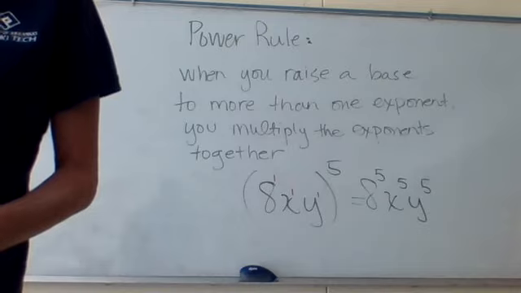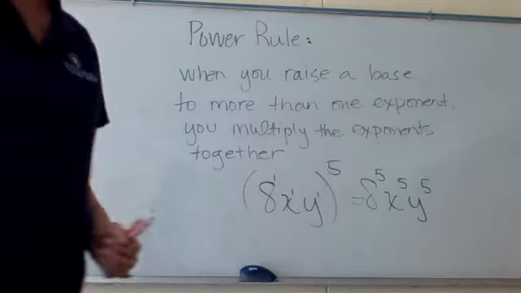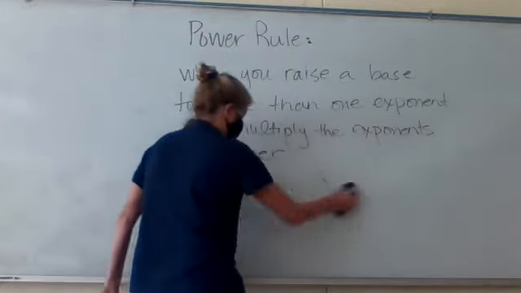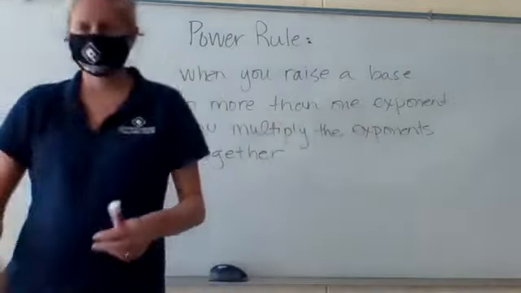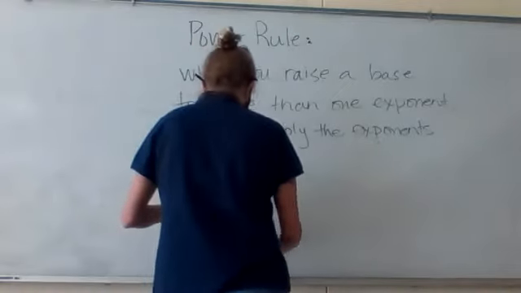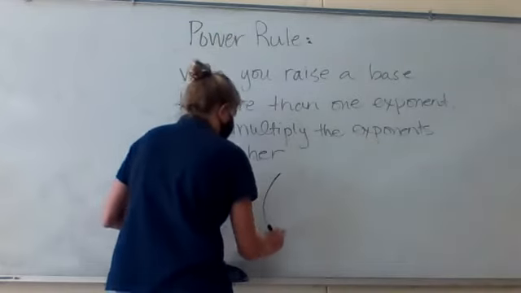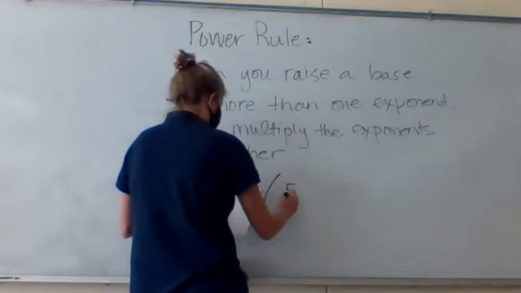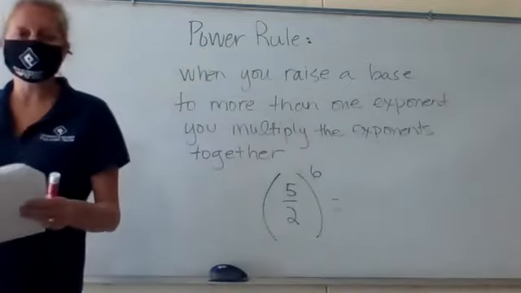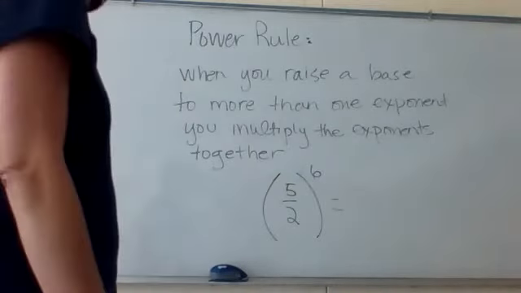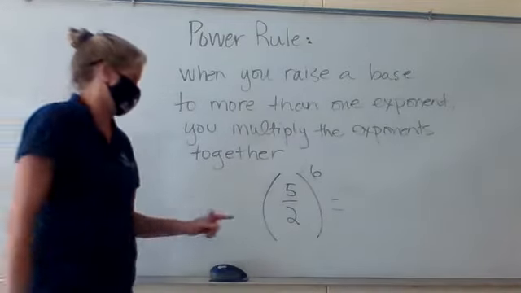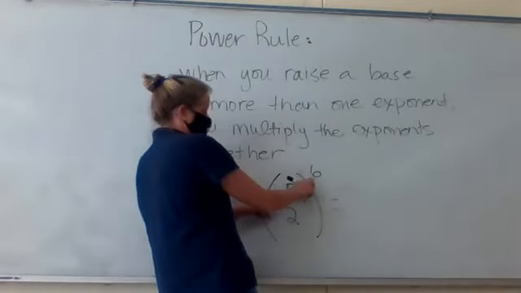And the last one, number 10. If you have a fraction in parentheses with an exponent outside, that means every single part of what's inside this parentheses is being raised to that exponent, which means what all is being raised to this 6th power?